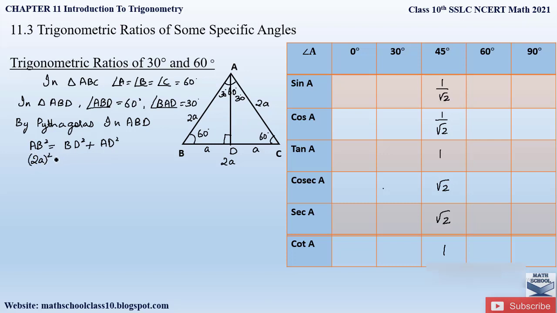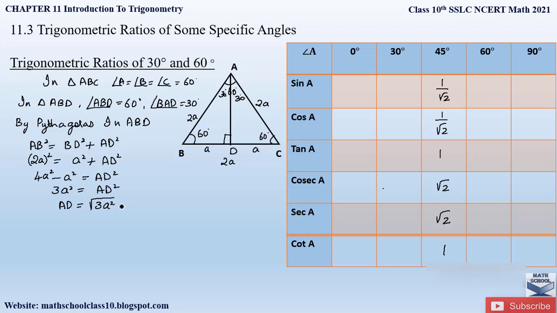The whole square is equal to BD is a square, and we have to find out the value of side AD. 2a the whole square will be 4a square. Sending this a square to the left hand side, this will become minus a square is equal to AD square, or 4a square minus a square will be how much? 3a square is equal to AD square. Now the value of AD will be how much? AD will be square root of 3a square.